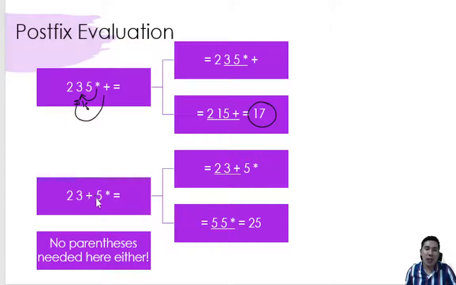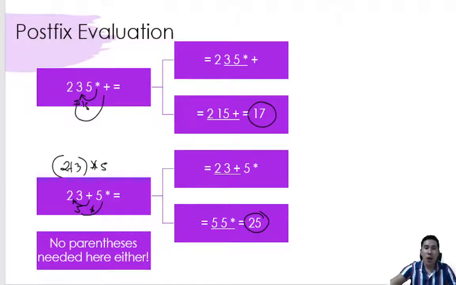The same thing with this example below, if we were going to evaluate this expression. Probably this is something like 2 plus 3 times. You need to add 2 and 3 first: operand, then the operator. So 2 plus 3, that's 5. And then you have 5 times 5, so 5 times 5 is 25.